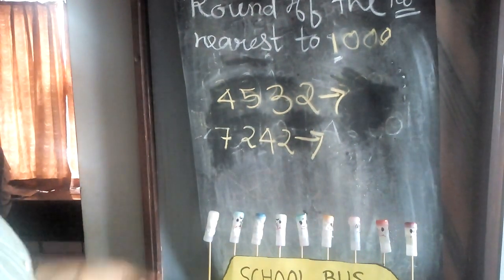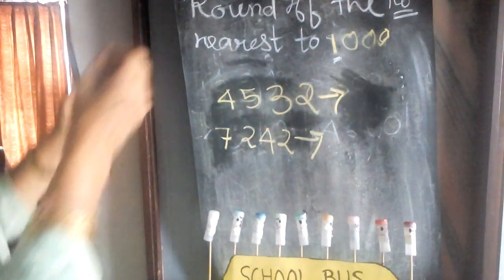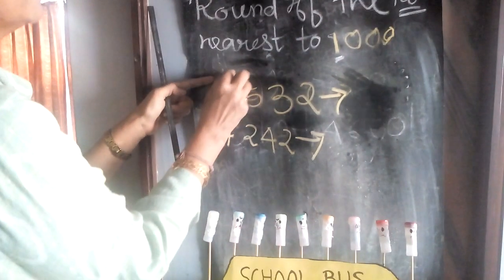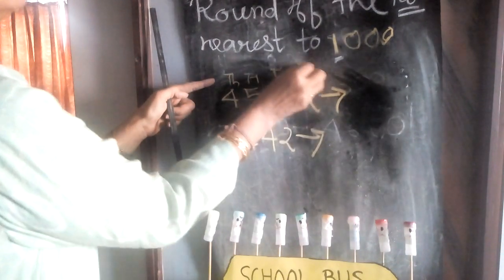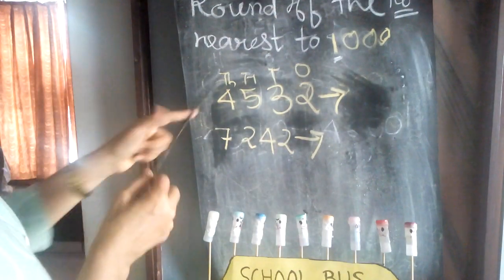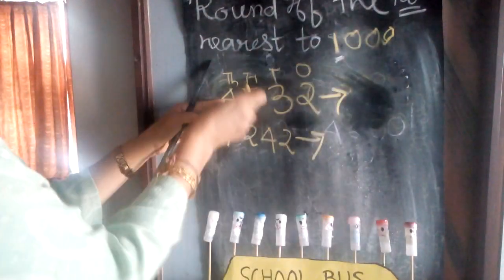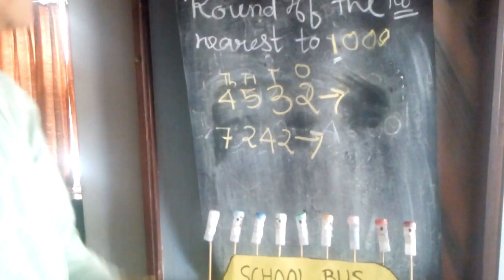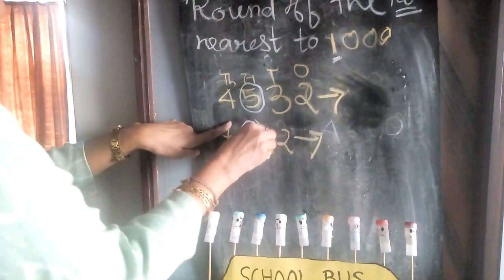Now when we are taking rounding off to the nearest 1000, so your 1000 place is here: 1000, 100, tens, ones. So here 1000, that means we are going back to the 100 place for the changing. Circle the 100 place. Right?